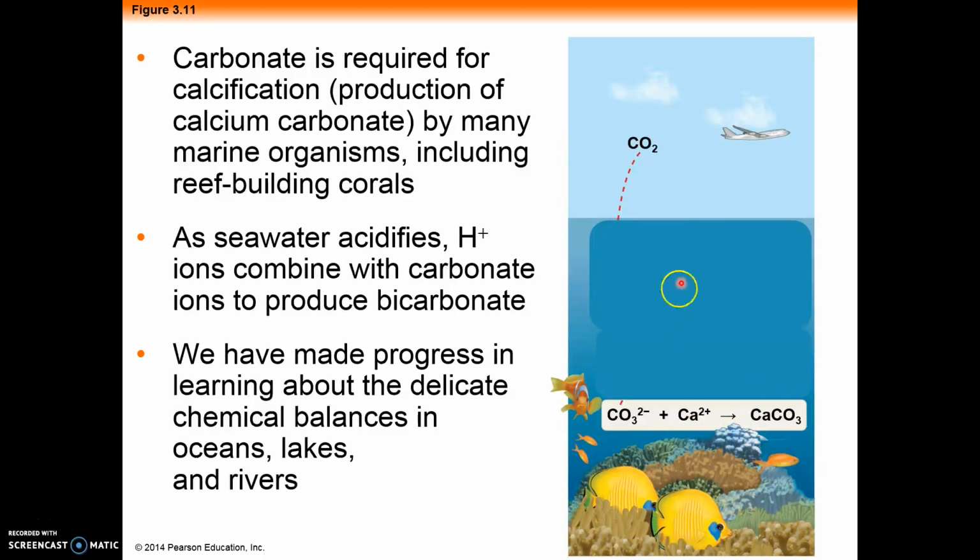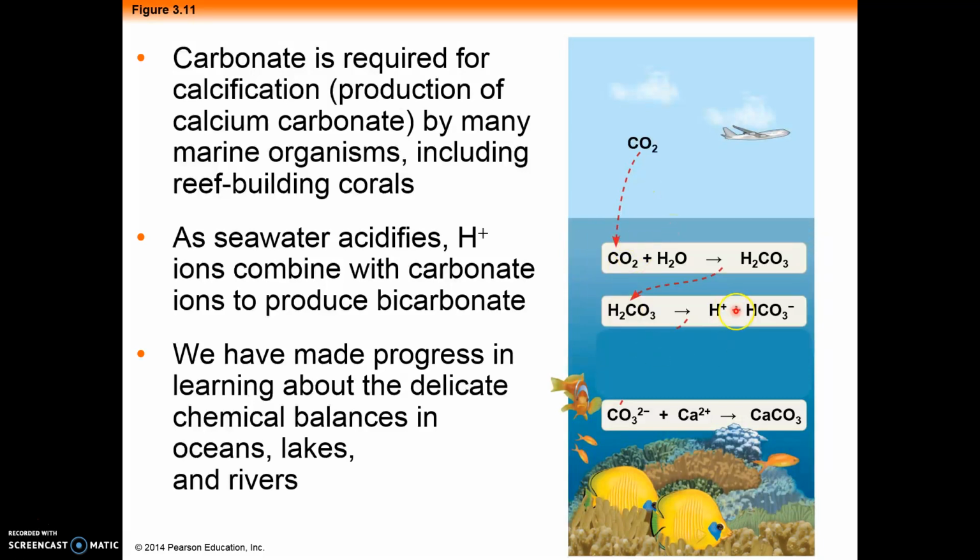Now, how does this combine with acidified seawater? Since we have acidified seawater and this reaction taking place, the carbonate ion, instead of combining with calcium, can combine with the hydrogen ion and produce something called bicarbonate.